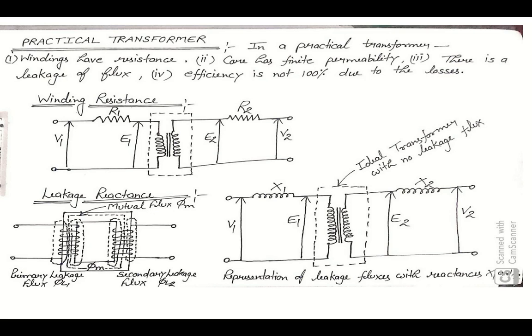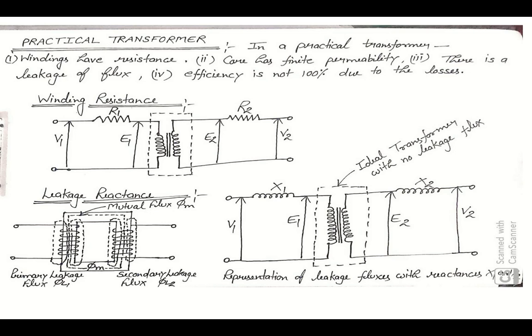However, in an actual transformer, not all of the flux remains within the magnetic core. A portion of this flux is diverted to the non-ferromagnetic material surrounding the windings, generally air or oil. This is because the surrounding medium also has a definite permeability, although it is very much less than that of the core.